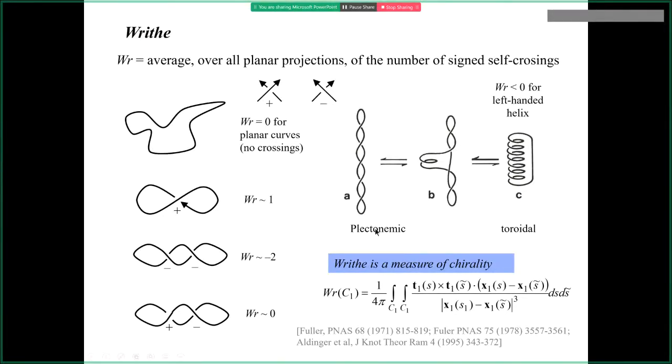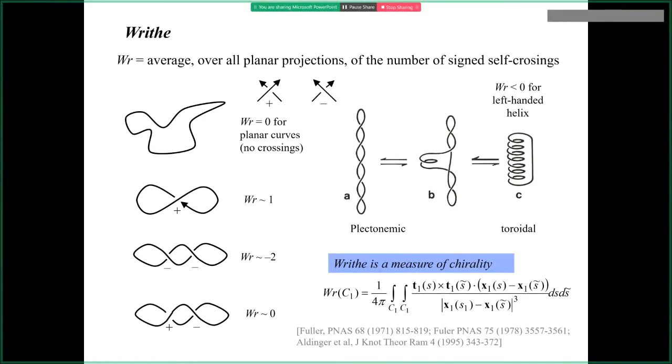But if that curve contains helical parts, like here, there's a helical part on the curve A, or a helical part on the curve C, that helicity or chirality usually induces a non-zero value of the writhe, and the left-handed and right-handed structures correspond to either a positive or a negative value of the writhe. So you can think of the writhe as a measure of helicity of the curve in some sense.